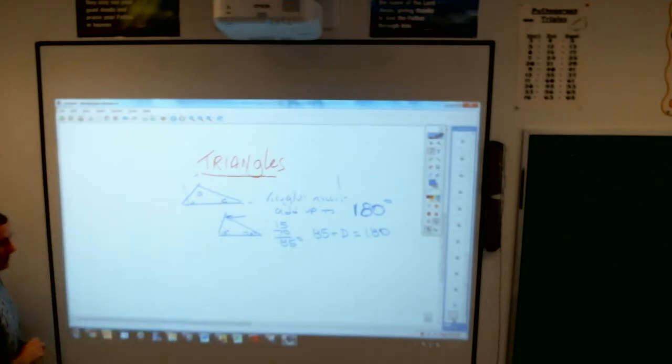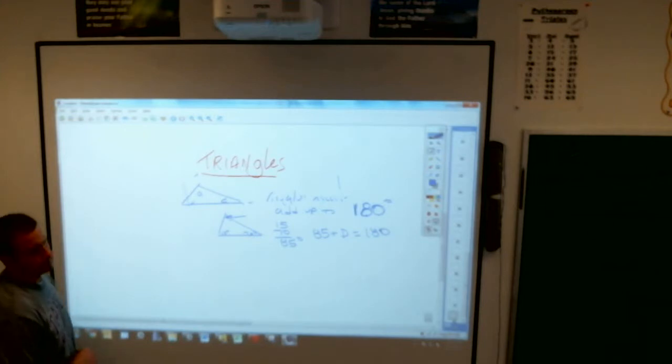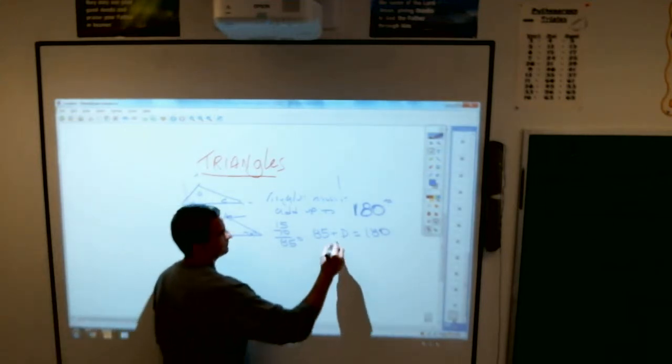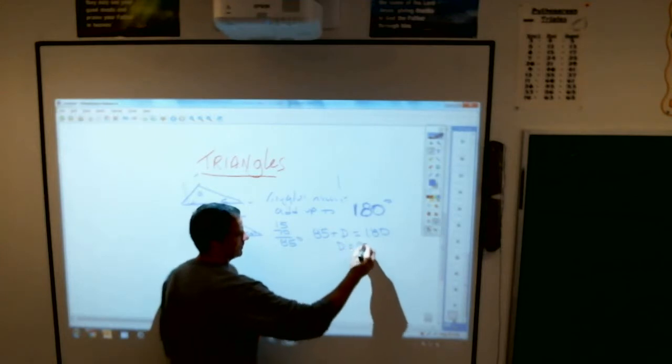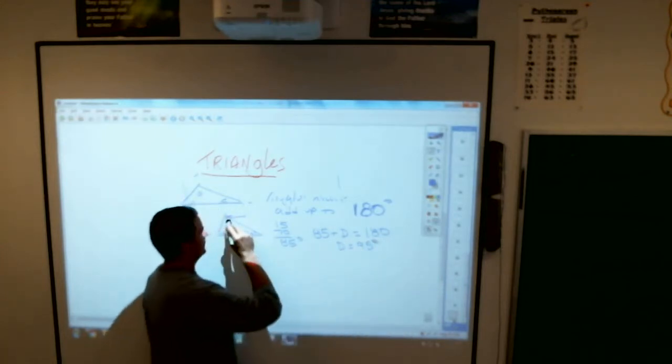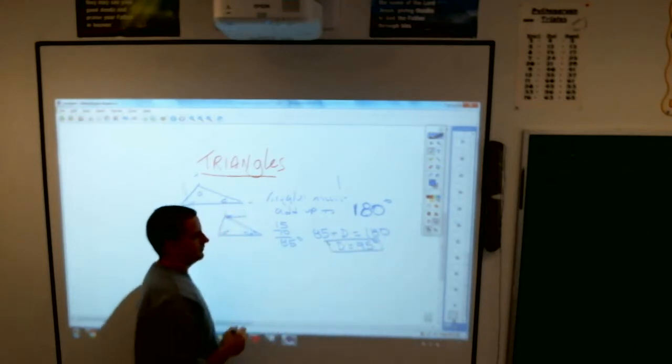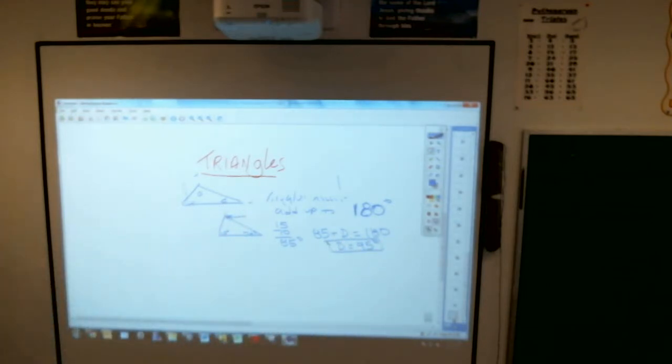What would I add to 85 to get 180? Somebody? Abram? 95? Yep. 95 degrees would have to be whatever that angle is there. Have to add up to 95 degrees. Always add up to 180. That's a common triangle thing.